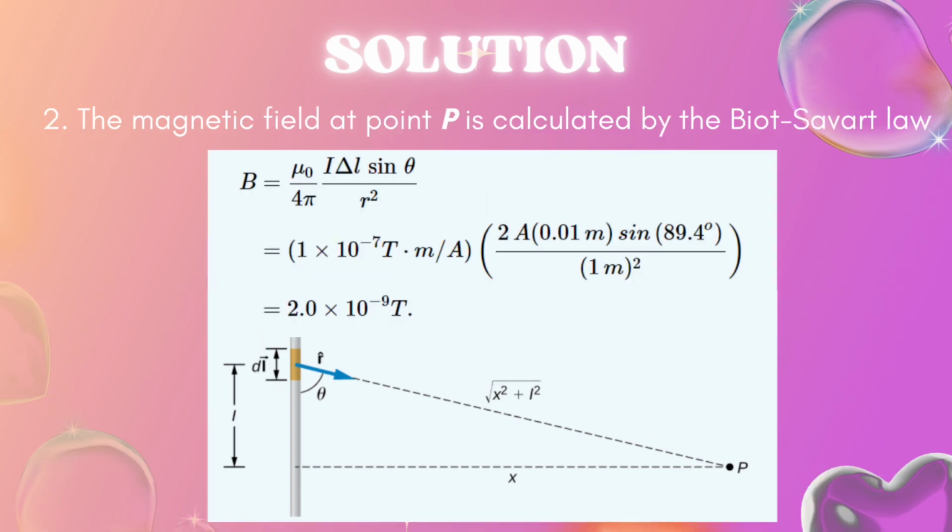After we get the angle theta, we can now solve for the magnetic field at point P using the Biot-Savart law. By using all the given and translating it into the magnetic field equation of the Biot-Savart law, we arrive at our answer, which is 2.0 times 10 raised to negative 9 Tesla.